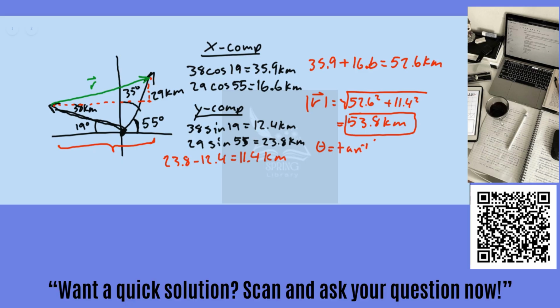We use arctangent of the side opposite, which is the height. So that's 11.4 kilometers over 52.6 kilometers. So theta is going to be equal to 12.2 degrees north of east.